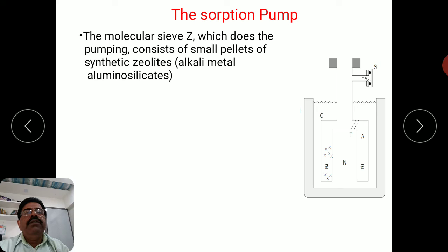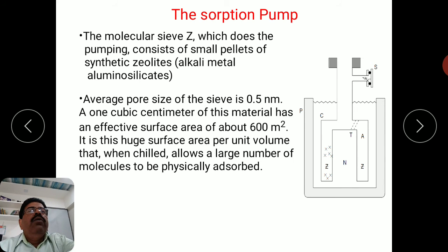A molecular sieve means it just allows certain gas molecules through. Just as we use a sieve physically for grading certain materials, here the molecular sieve is used to allow certain gas molecules to enter it. The size of this molecular sieve is of the order of 0.5 nanometer, a very small size.